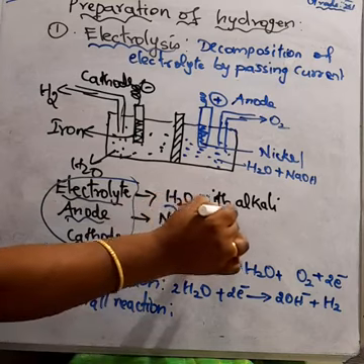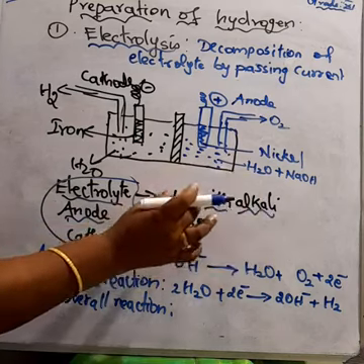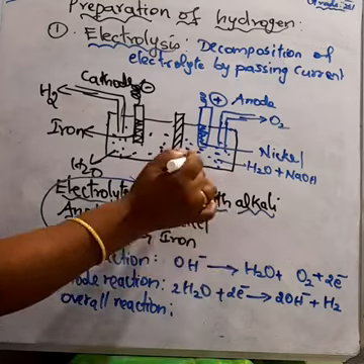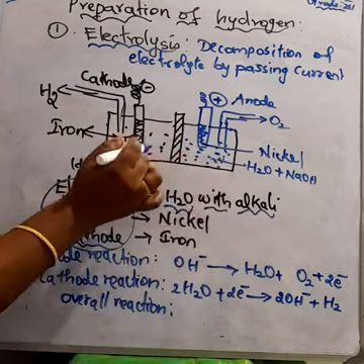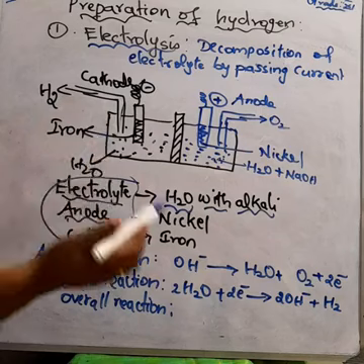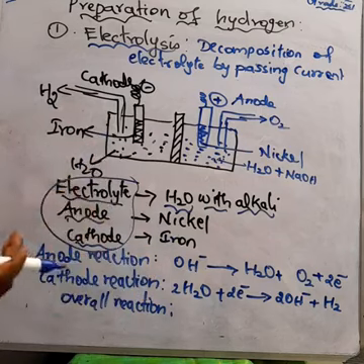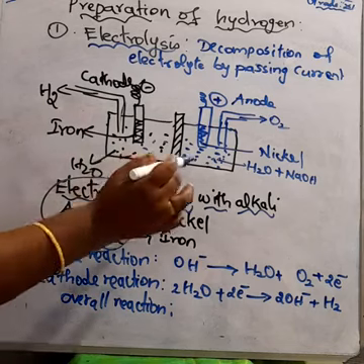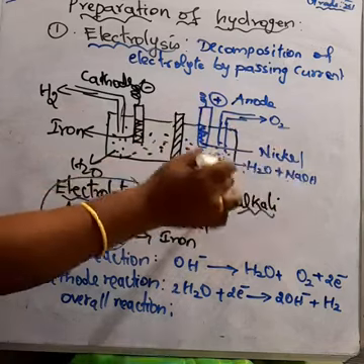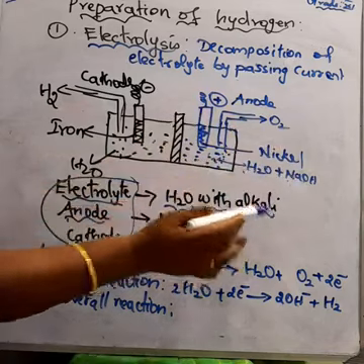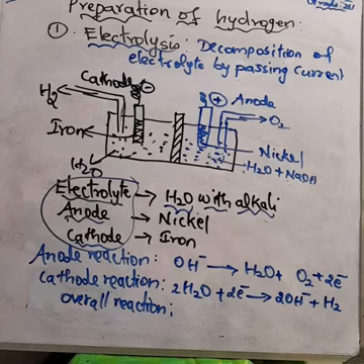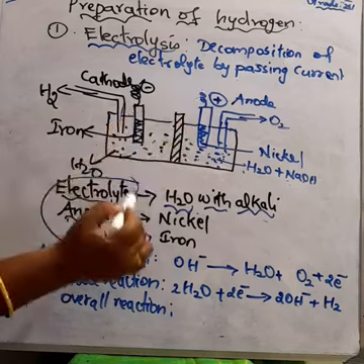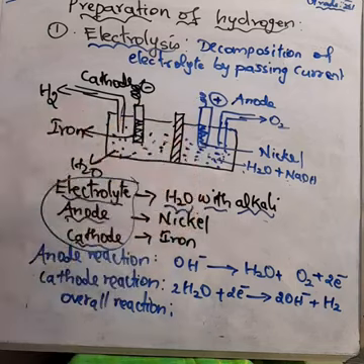The water is made conducting by adding a little alkali, or any other electrolyte can be used. We can use sodium hydroxide or potassium hydroxide, but here we are taking water as the electrolyte, with a little amount of alkali to make it conducting. And which one is the anode? Here we are taking nickel. Nickel is used as the anode.